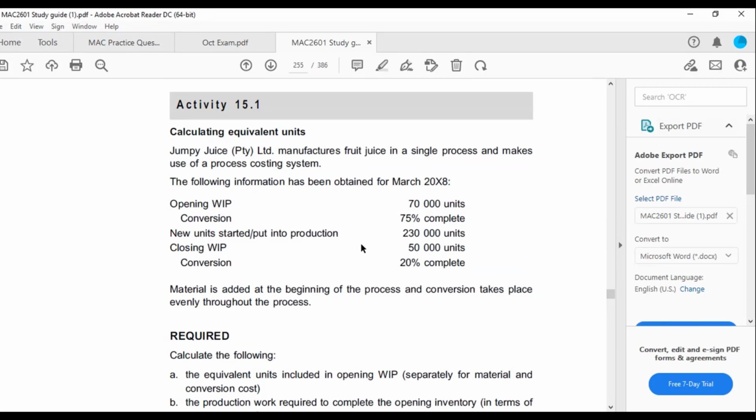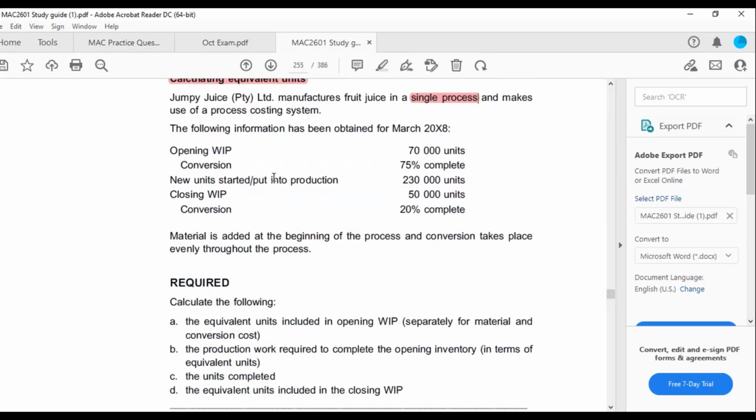Let's try activity 15.1. They're asking you to calculate equivalent units. Jumpy Juice manufactures fruit juice in a single process and makes use of process costing. The following information has been obtained for March 28.